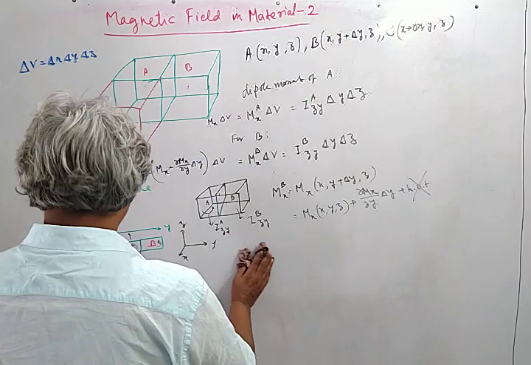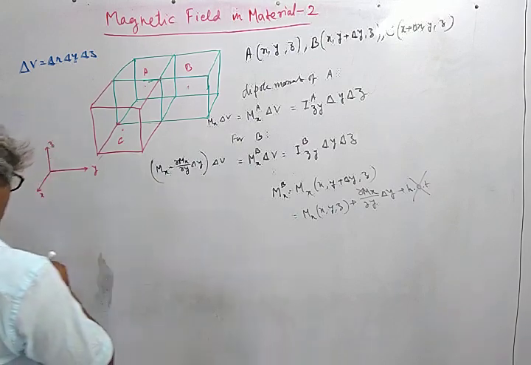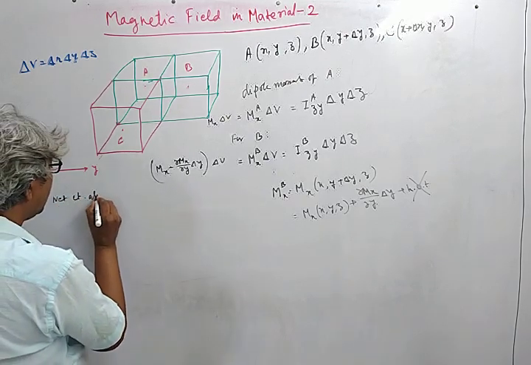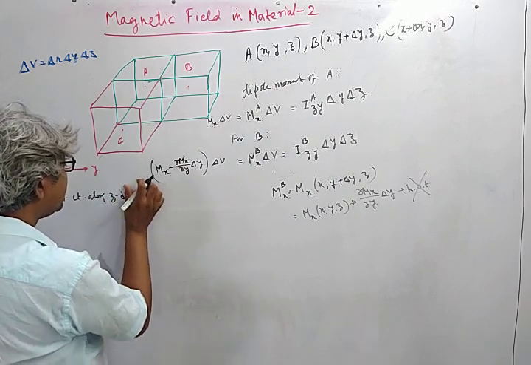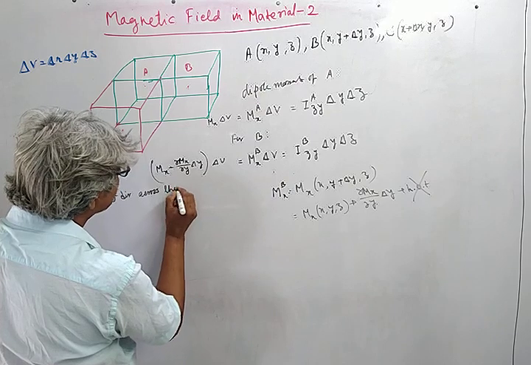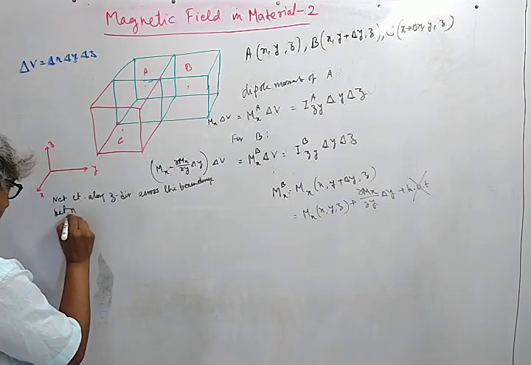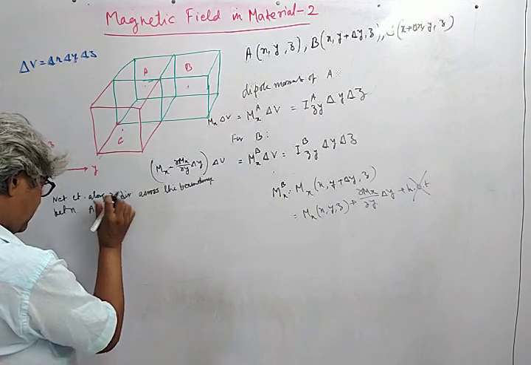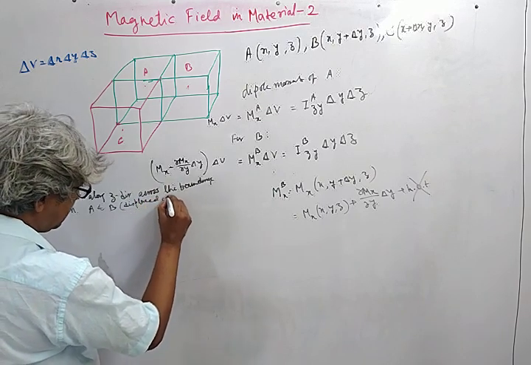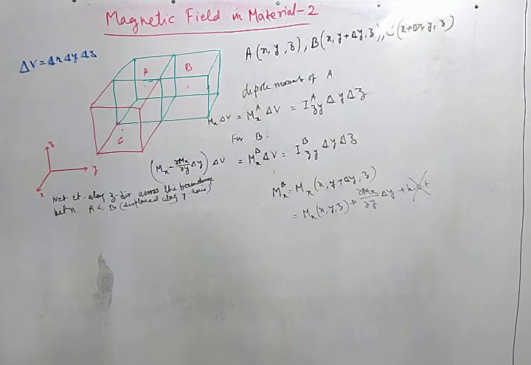So let me rub this part. Net current along z direction across the boundary between A and B. These are the two volume elements displaced along the y axis.